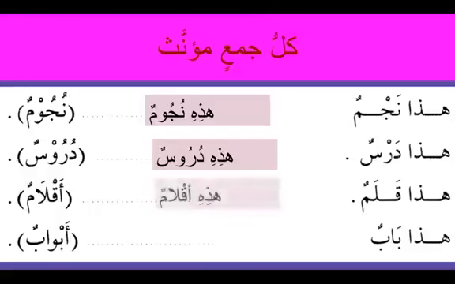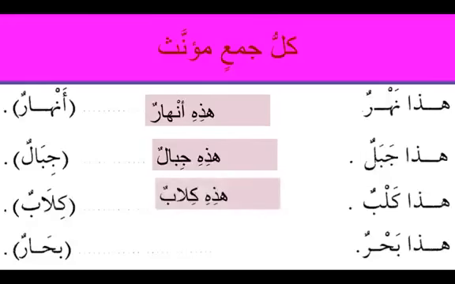We say هذا قلم, we say هذه أقلام. هذا باب, so what do we say? هذه أبواب. هذه نهر. نهر means a river. So أنهار means plural for rivers. So you say هذه أنهار.